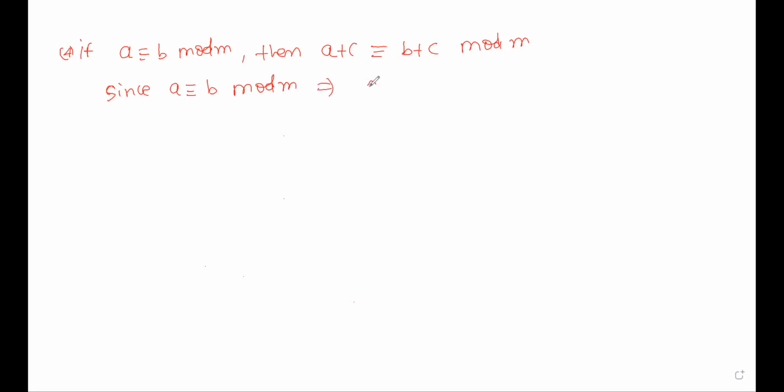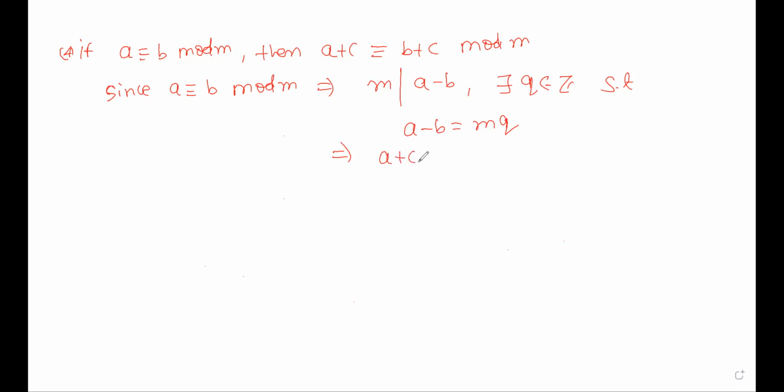If A is congruent to B modulo M, then A plus C is congruent to B plus C modulo M. Since A is congruent to B modulo M, this implies M divides A minus B. Therefore, there exists Q in integers such that A minus B equals MQ.